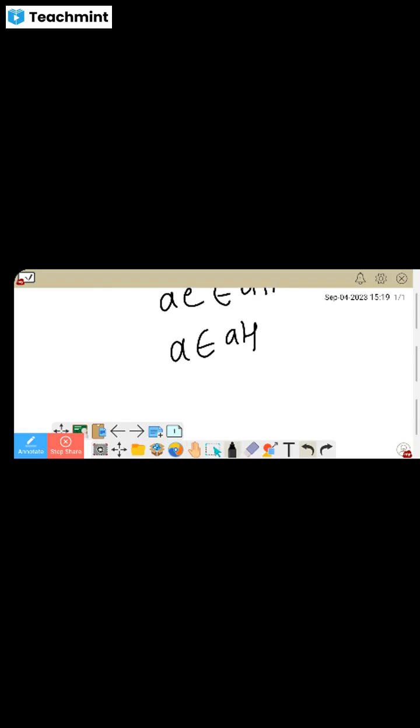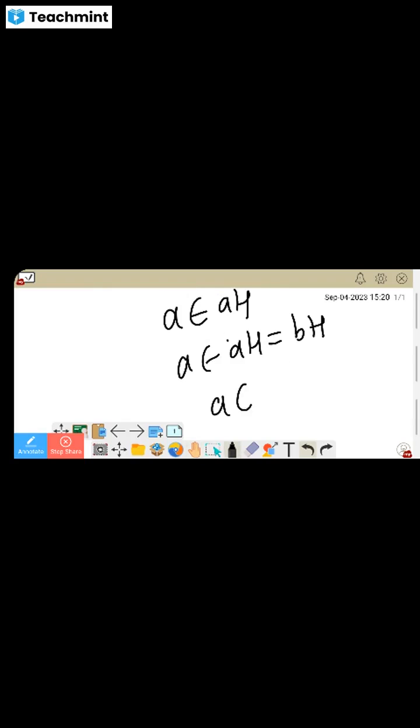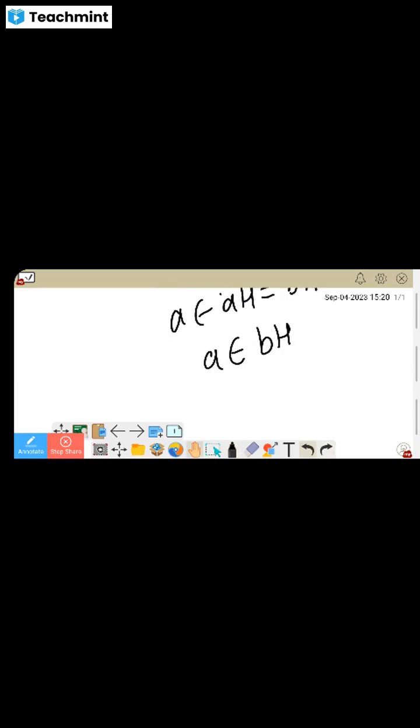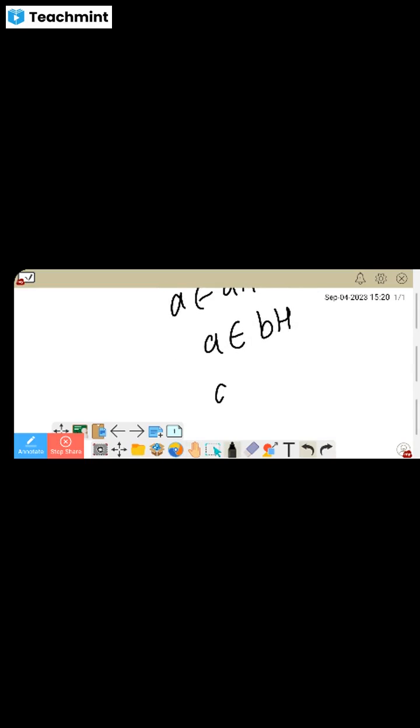And this A belongs to AH, which is equal to BH. So A also belongs to BH because they are equal. So A is equal to BH because this belongs to this type of subgroup. Are you getting this?